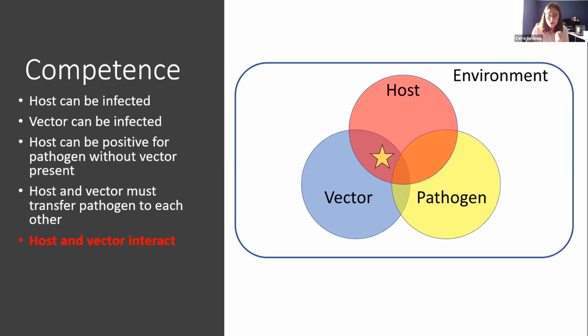The host and vector, independent of one another, have to be able to support that bacteria. But we also need to know, do the host and vector interact at all? If the pathogen is present, that's great, but if the host isn't interacting with the vector, that pathogen can't be passed to and from, stopping the bacteria cycle.